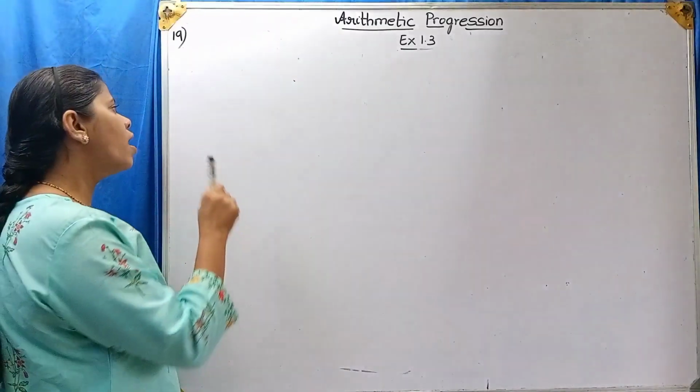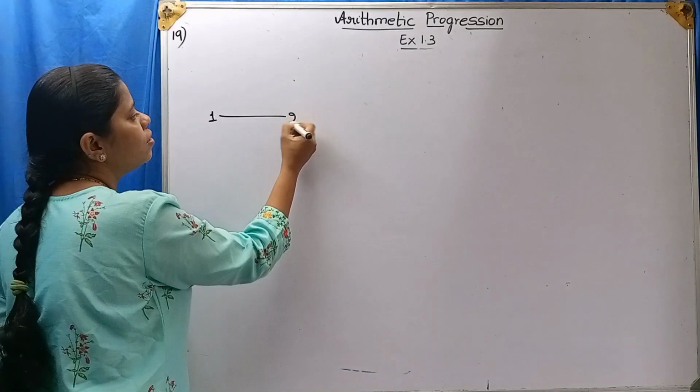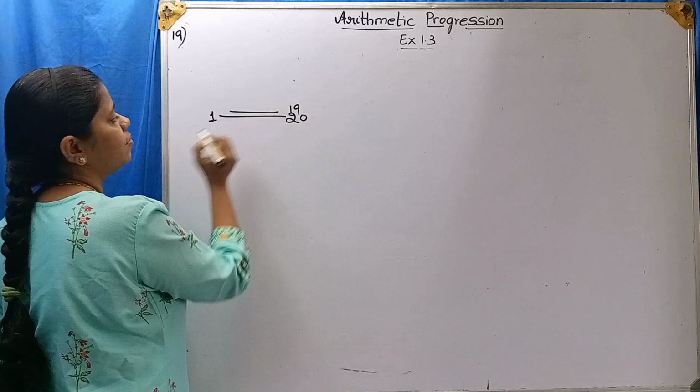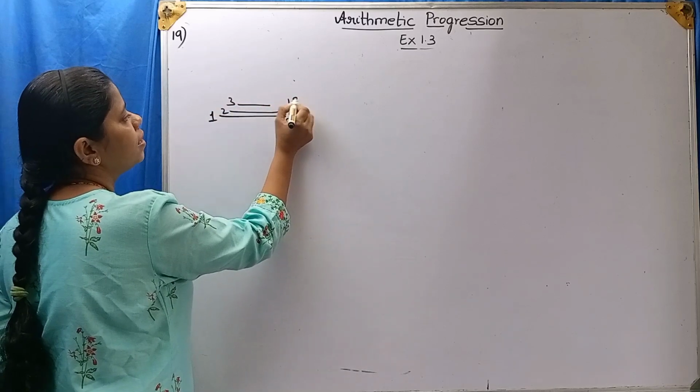I hope now you have understood the meaning of the question. In the first row, you had 20 logs, and in the second row, you had 19. In the third, you had 18.